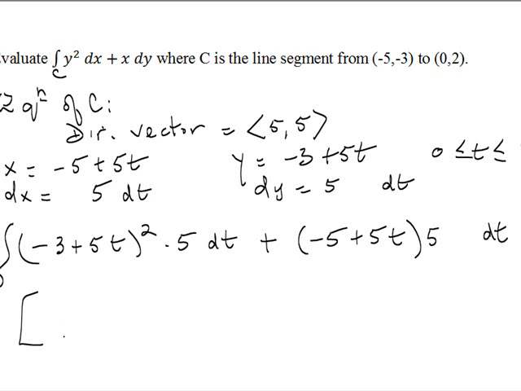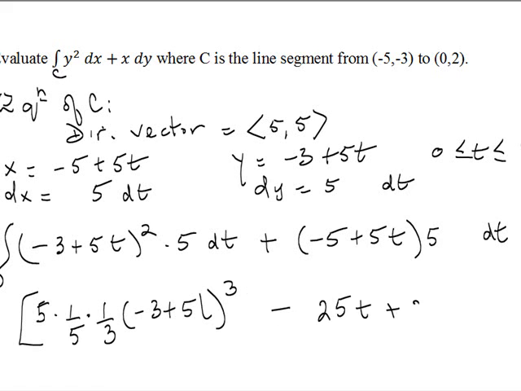So when you integrate, you will get, okay, there's a 5 here. So the integral is (negative 3 plus 5t) cubed. There's a 1/3. Then you divide by 5. And then this one is minus 25t plus 25 over 2 t squared from 0 to 1.